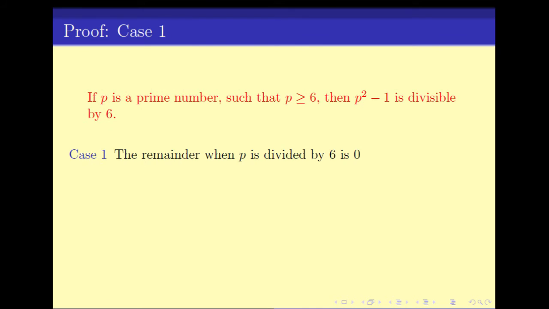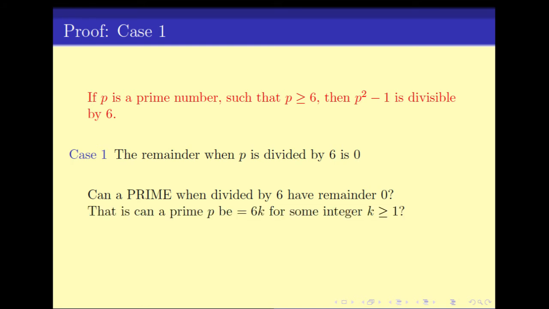Case 1. The remainder is 0. That means the prime is divisible by 6. But can a prime be divisible by 6? No, of course not. If a prime is divisible by 6, that means the prime P equals 6k, in which case it is of course divisible by 2 or 3. So it cannot be a prime.